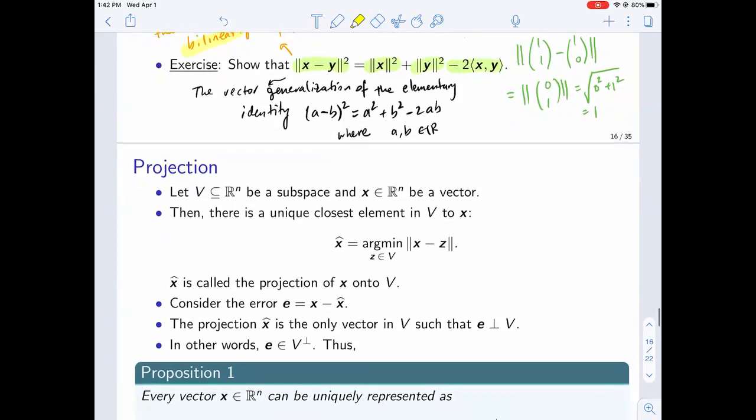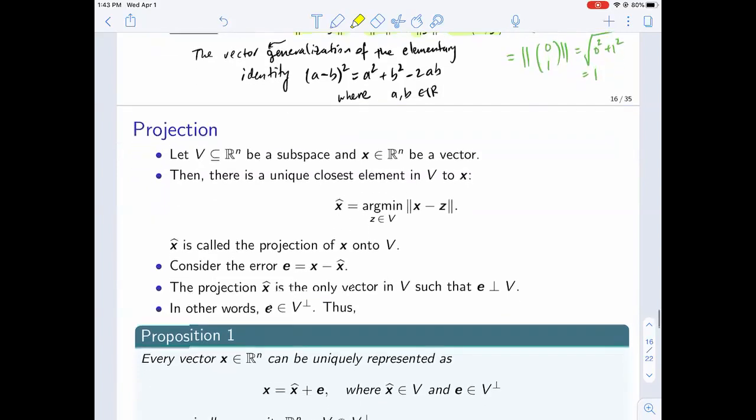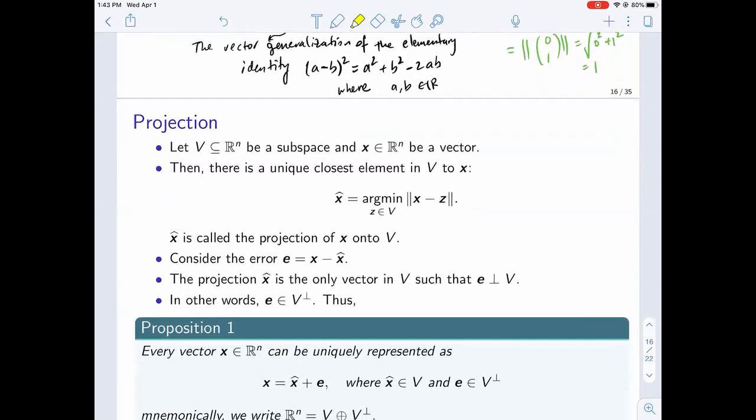This is a very important topic, and basically it's the geometric interpretation behind linear regression. I'm going to use it a lot and expect you hopefully to learn or know it by the end of the course. It's also very useful in general. So what is the idea of projection? It combines all the things that I talked about today in terms of inner product and orthogonality. Suppose we have a subspace V, and I have a vector x, both in R^n.